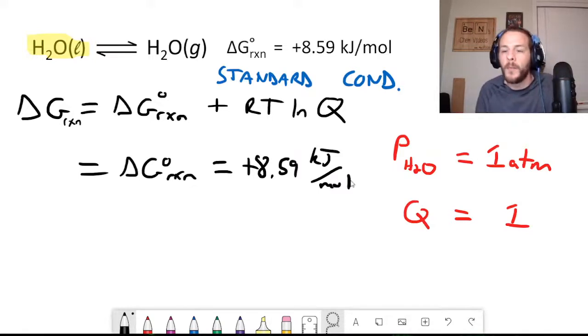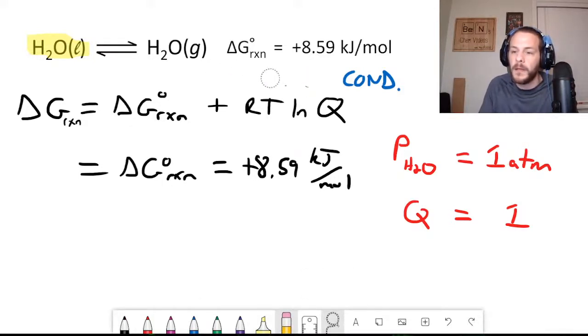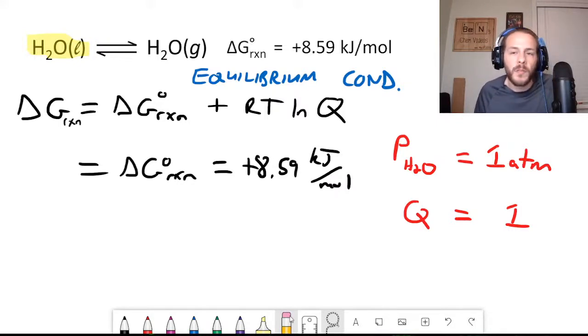Now let's talk about equilibrium conditions. Instead of standard conditions, let's talk about equilibrium conditions, so I'll just replace the word standard with equilibrium. Remember, chemical equilibrium basically means that you are in the condition such that the rates of the forward and reverse reactions are equal.